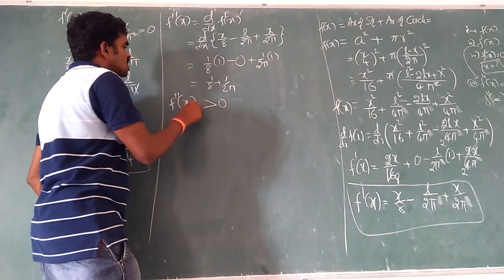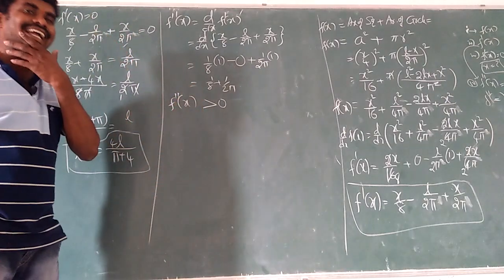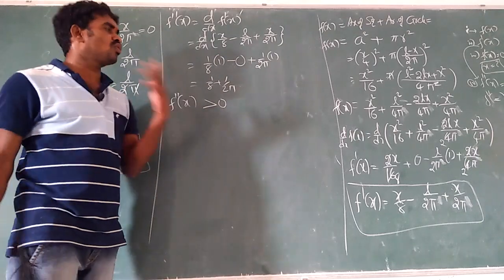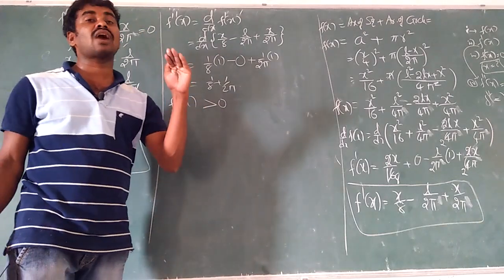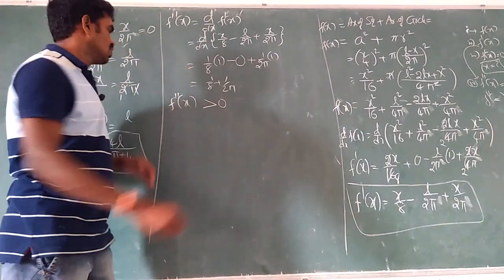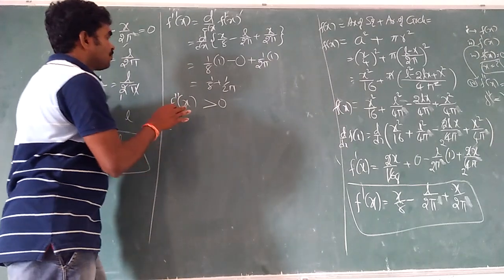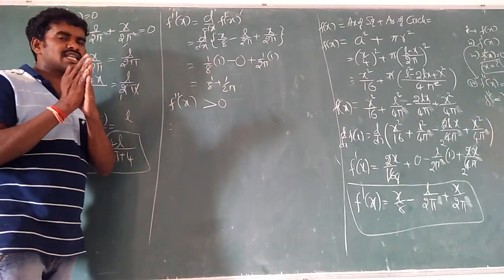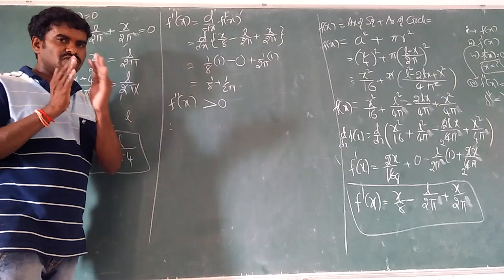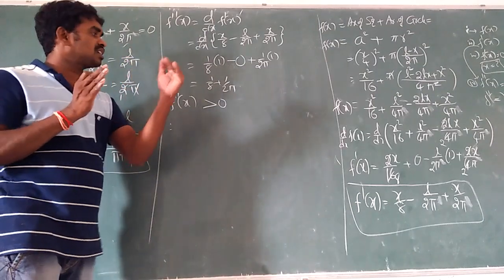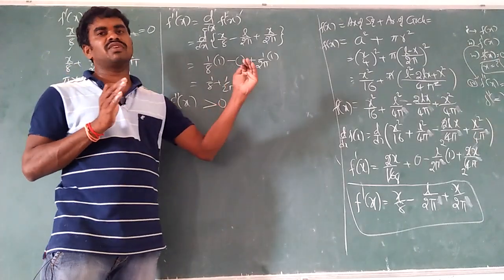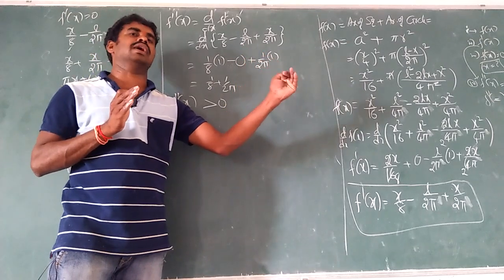So f double dash of x is greater than 0. So f of x definitely has a minimum value. See, what is the condition for maxima and minima? F dash of x equal to 0, f double dash of x greater than 0, then f of x has a local minimum.